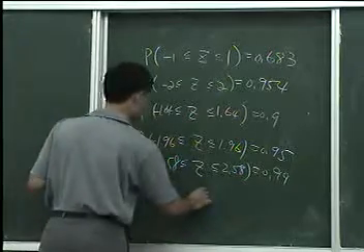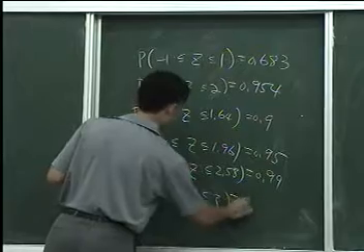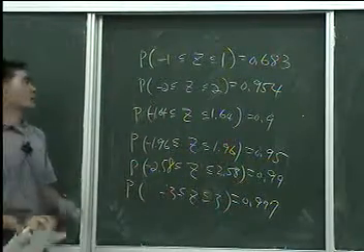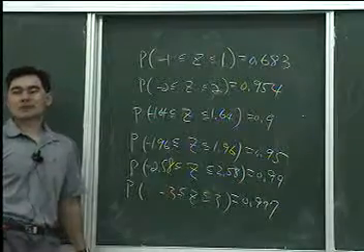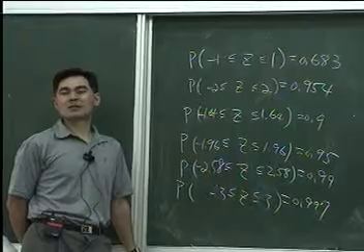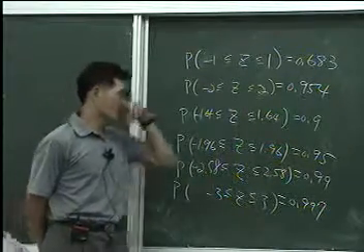P when it's between 3 and negative 3 is equal to 0.997. So hopefully you can memorize this, but you don't need to worry too much about it, because for the second midterm, you will be given a table.